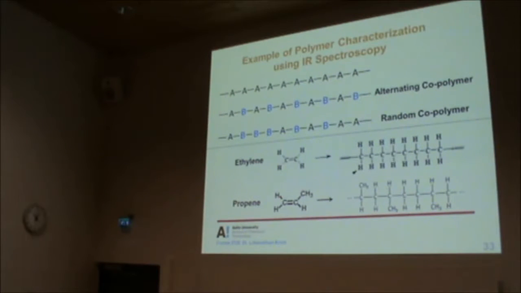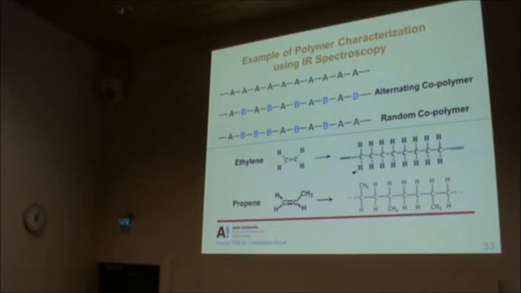But there are also random polymers, where B does not have to follow A. They can follow either one, and that's mostly statistical, based on probability.